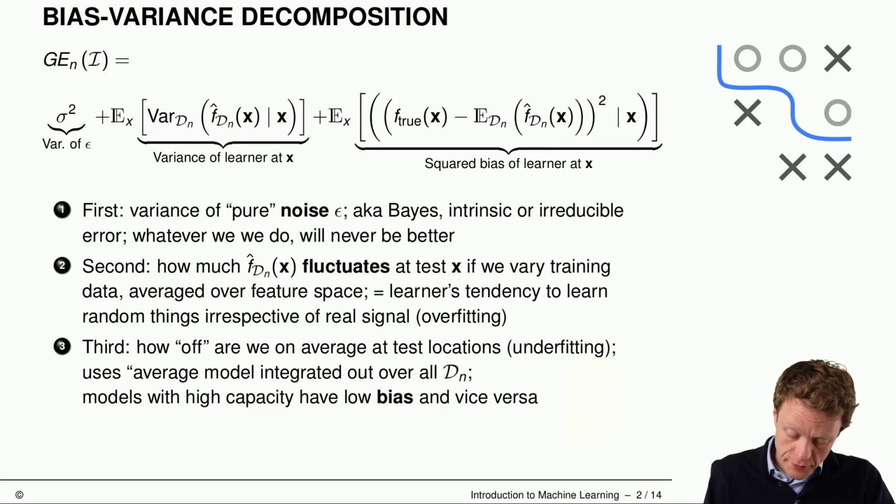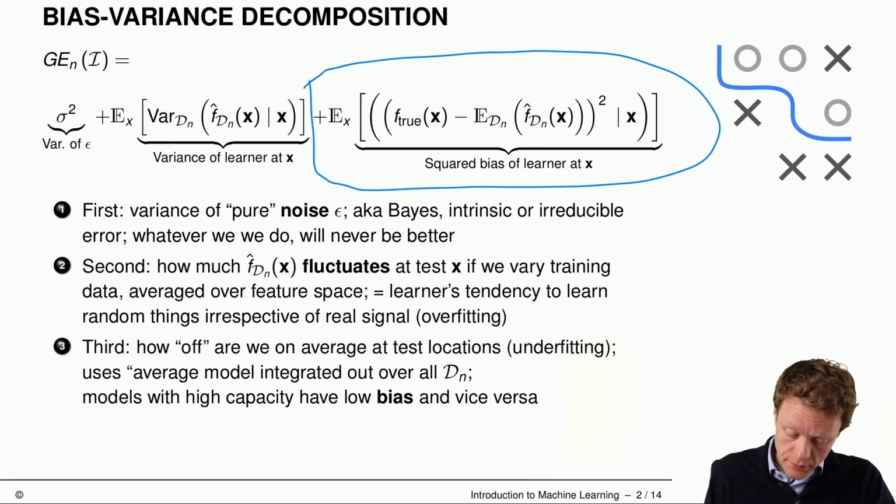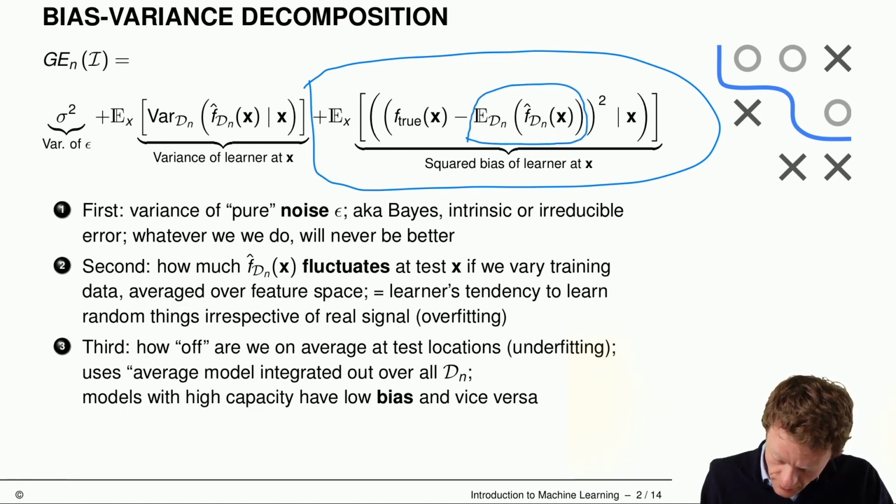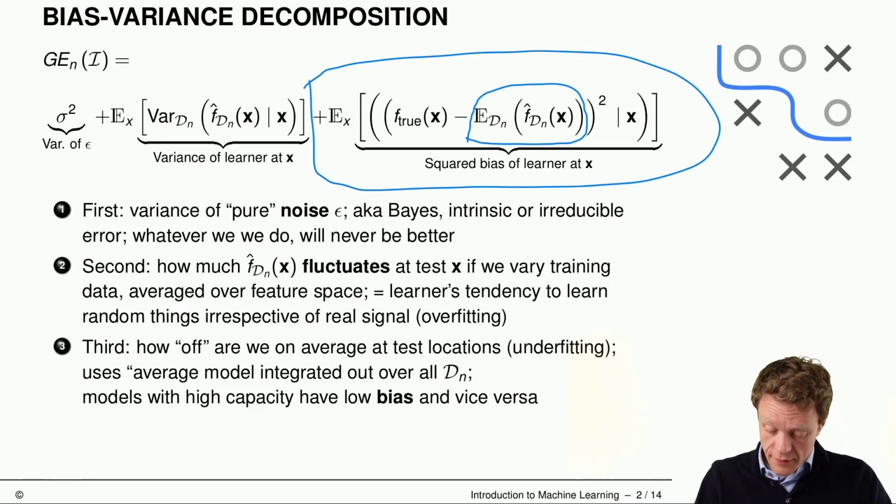Now the third term, the longest one. Let's decompose this as well. Let's start with this part here: the expectation over the data sets of f hat Dn of x.